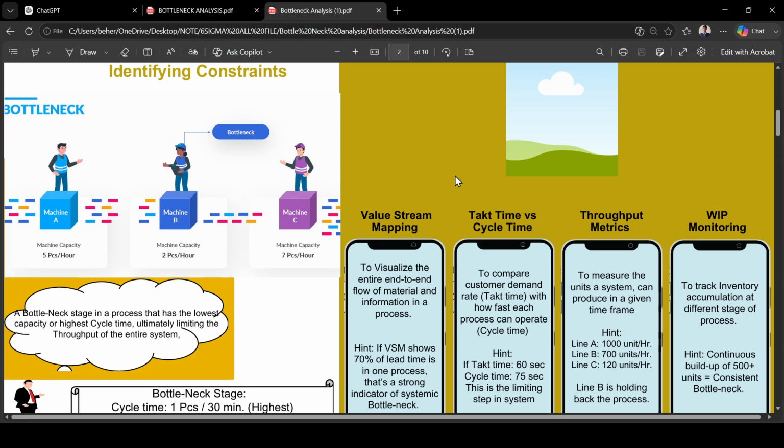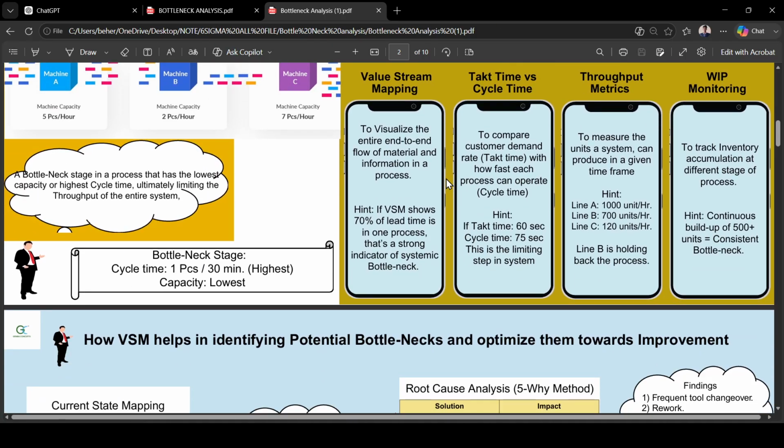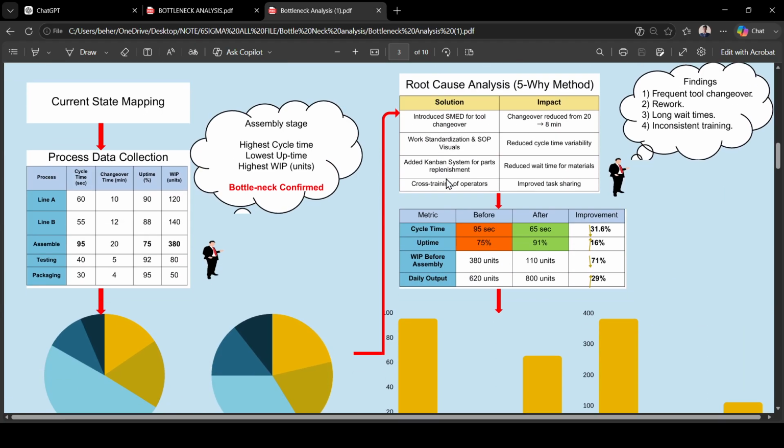Then track the inventory accumulation at different stages of the process. Then the bottleneck stage's cycle time equals one piece divided by 30 minutes, the highest capacity used.